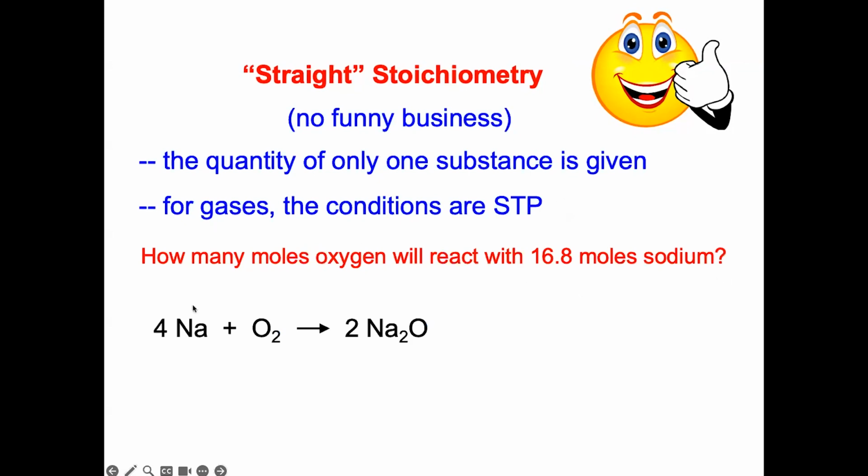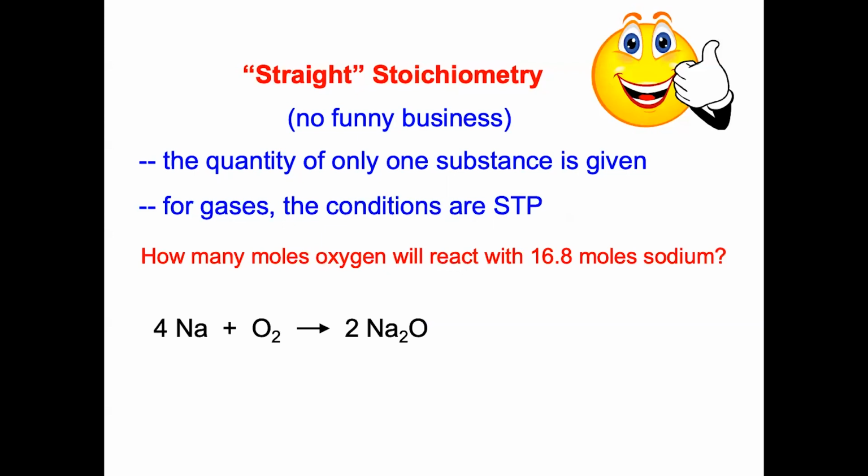Then you have to find how many moles of oxygen will be needed to react with it, correct? So you'll only be given one side and find the other one, or you could be finding efficiency, how much percent yield, stuff like that. With that said, let's dive into the practice problem that I prepared for you.